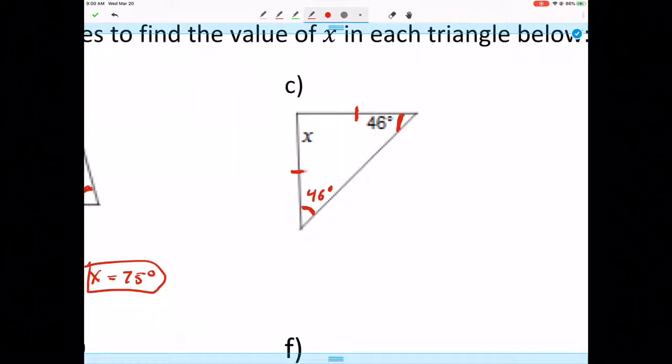The congruent angles will never be between those two congruent sides. Same thing, we know a triangle is 180, so we'll add 46 plus 46 plus x, and 180 minus 46 minus 46 gives us x, which is 88 degrees.